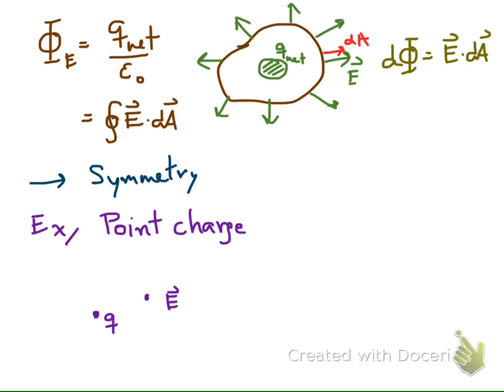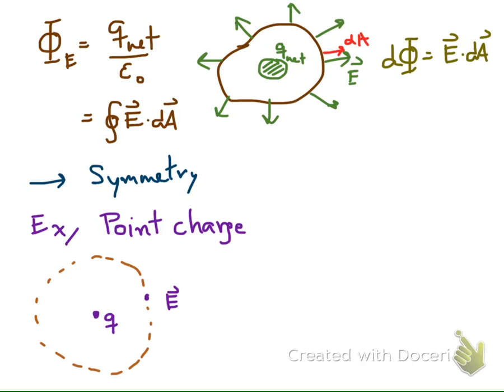To do that, we will construct a closed surface. This surface may not be real. We imagine that it's a closed surface that passes through the point where we want to calculate the electric field.